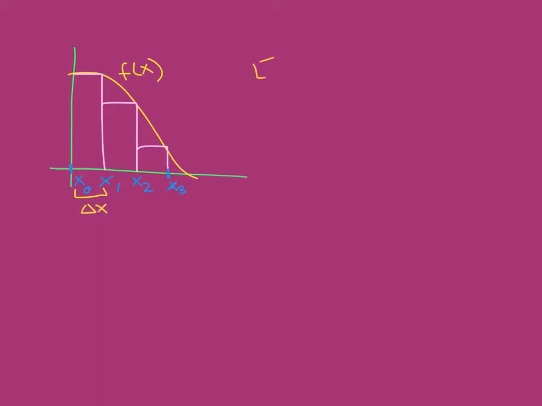For this one, I'm going to give you the formula, but I want you to understand the formula a little bit, so I want you to remember where we got it. Each rectangle is going to have an area equal to delta x times the height of that rectangle, which I'm going to say is f of x sub i.